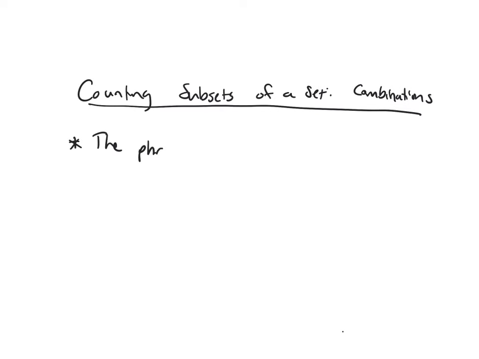The phrase "at least n" means n or more. At least is like a lower bound.